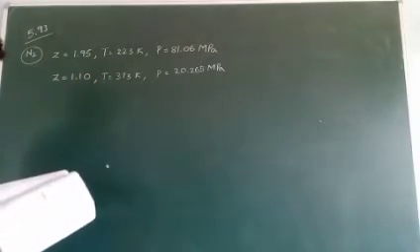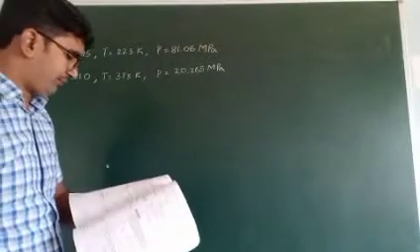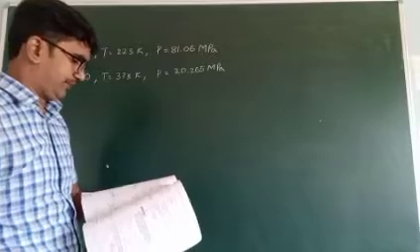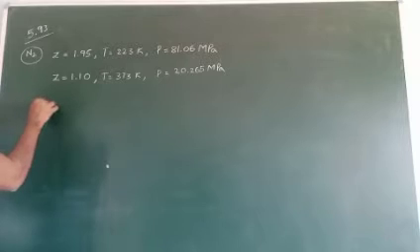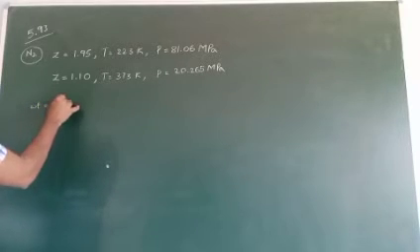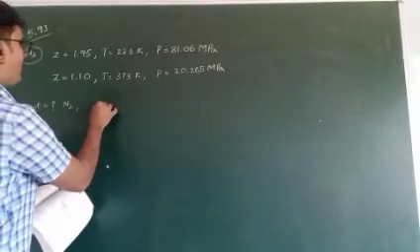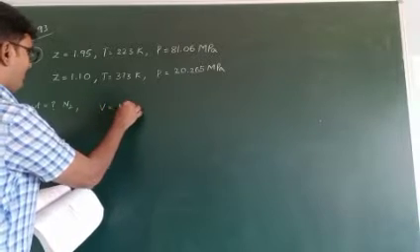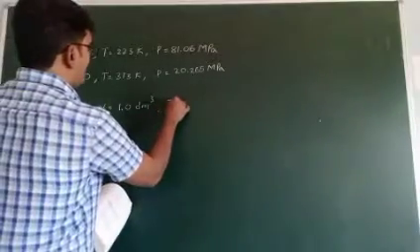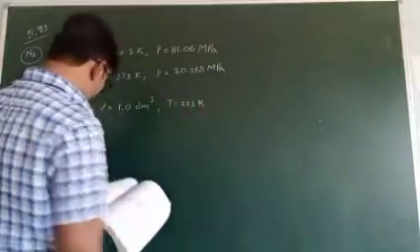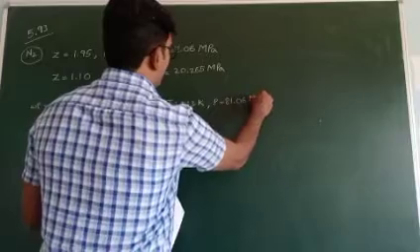The compressibility factor value there is 1.10. Now, a certain mass of N2 occupies a volume of 1.0 dm3. We don't know the certain mass, we don't know the weight here. The certain mass of nitrogen occupies a volume V equal to 1.0 dm3 at temperature 223 Kelvin and pressure 81.06 megapascal.